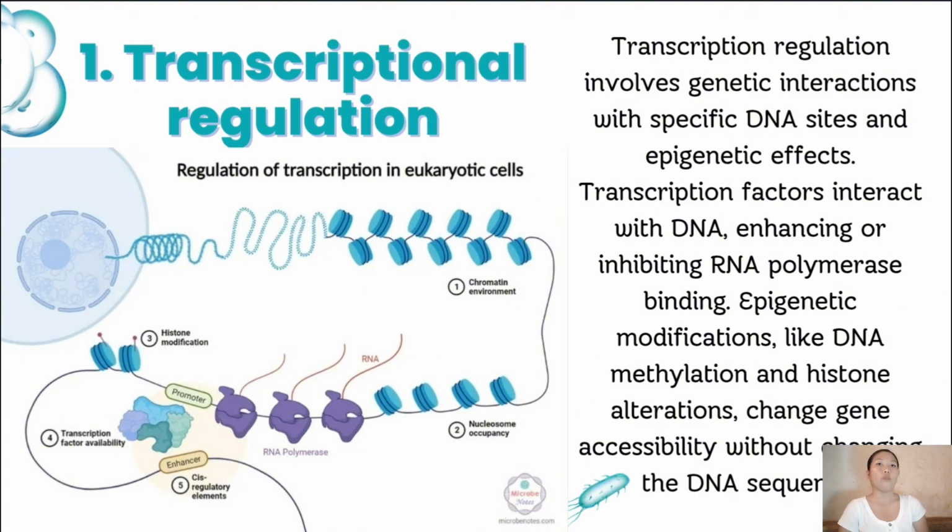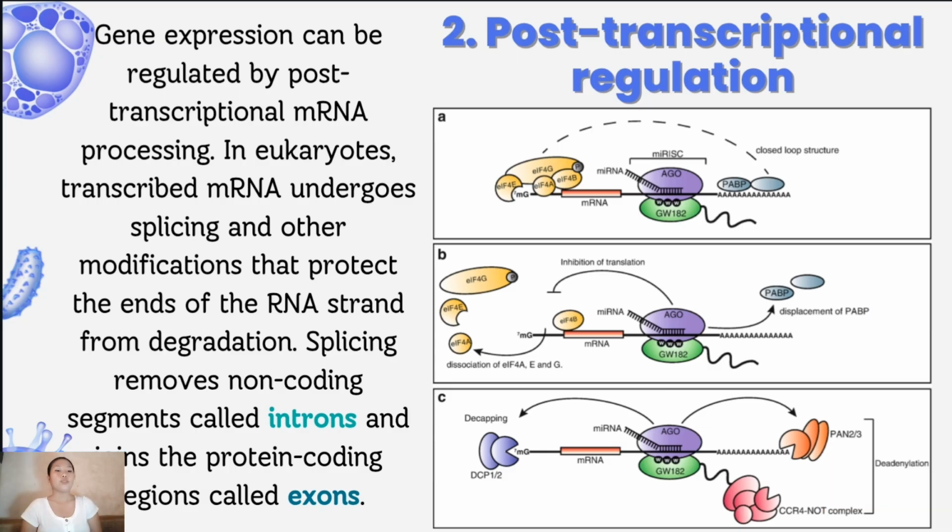Another example is that if your body doesn't need more insulin, it stops the insulin gene from being copied into mRNA, so no insulin process even starts. So it means there's no wasting of insulin in your body because it is not yet needed. So next we have the post-transcriptional regulation.